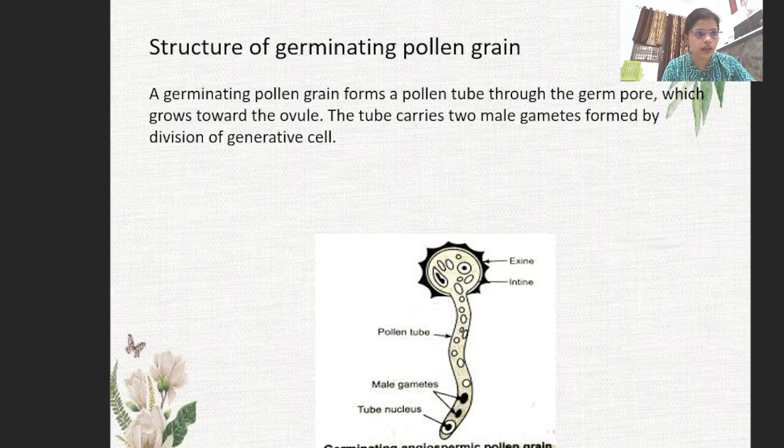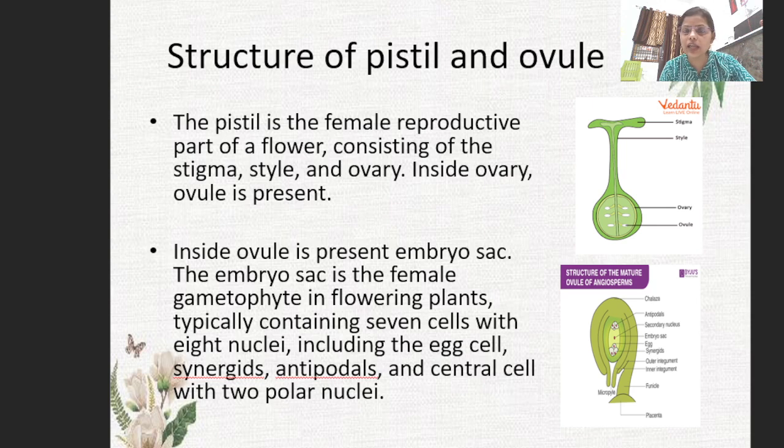Now we will discuss the structure of the pistil and ovule. The pistil, the female reproductive part, consists of stigma, style and ovary. Inside the ovary are present ovules, which we also call megasporangium in case of the angiosperm. Inside these ovules is present the embryo sac, which we call female gametophyte, and inside the embryo sac is present the female gamete and other cells.